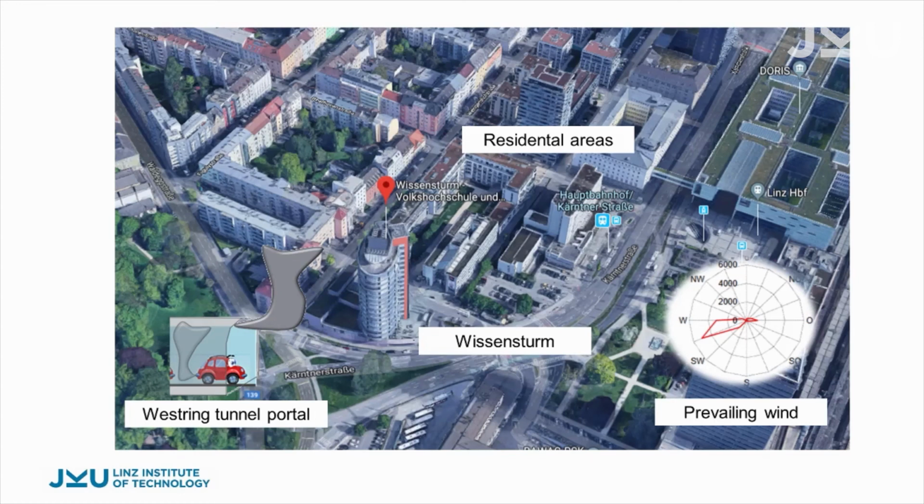We would like to investigate this by high-resolution simulations, and on top of this, we would like to perform the high-resolution simulations in real time. So we would like to have the results as the concentration evolves in reality.